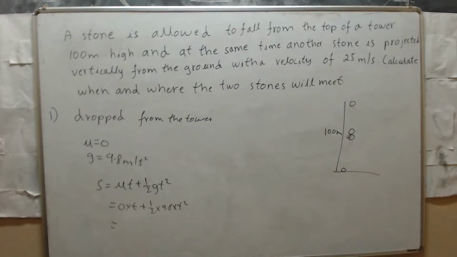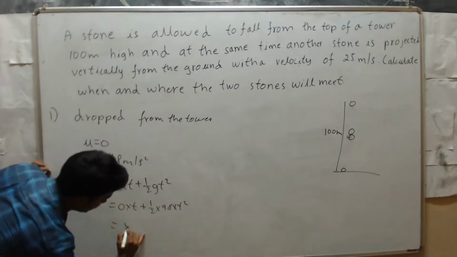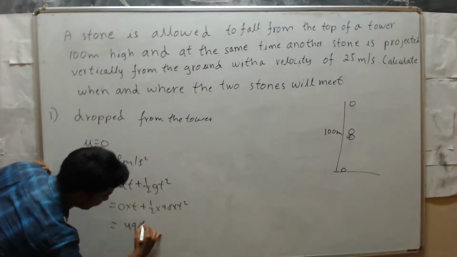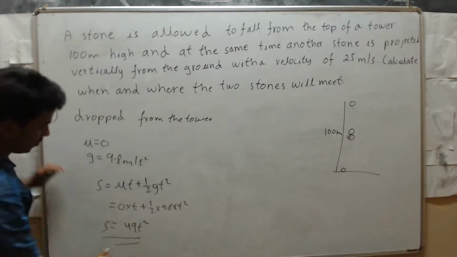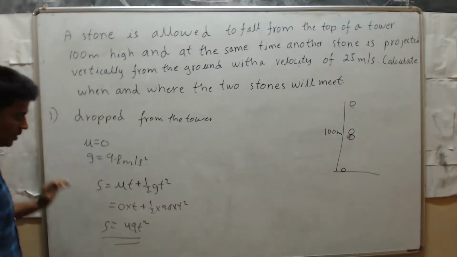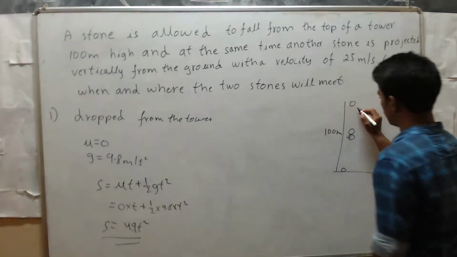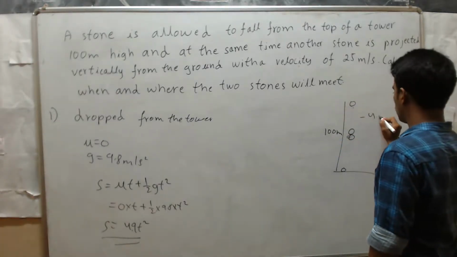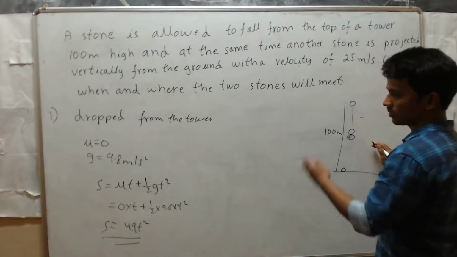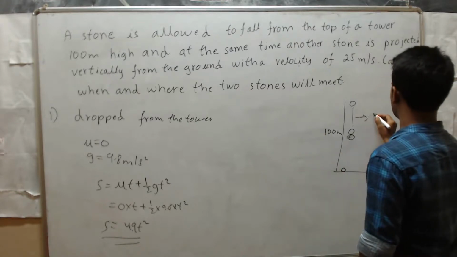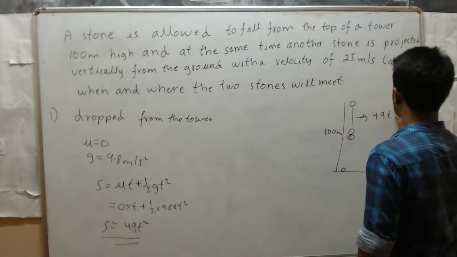So here we will get 4.9, so 4.9 t square. Clear? So S is equal to 4.9 t square, which means the distance covered when you drop the object from the tower is equal to 4.9 t square.